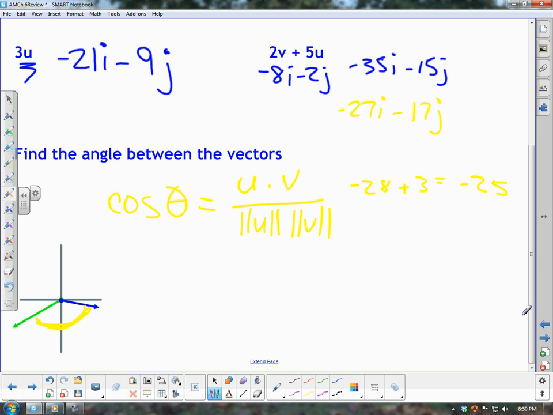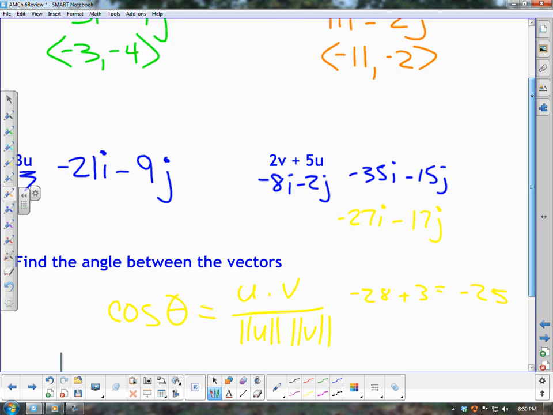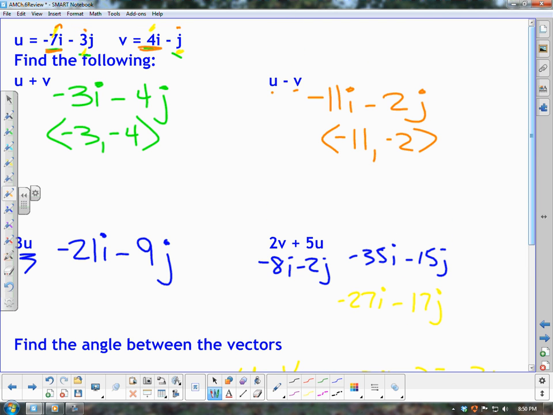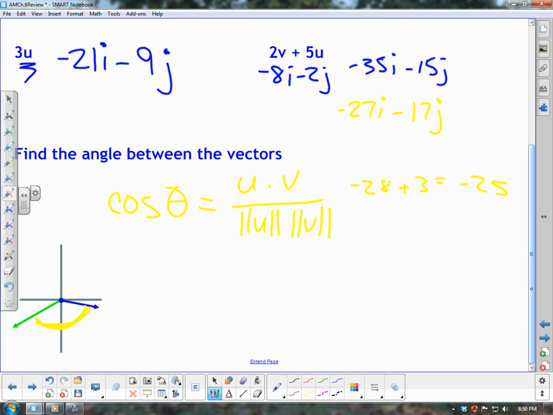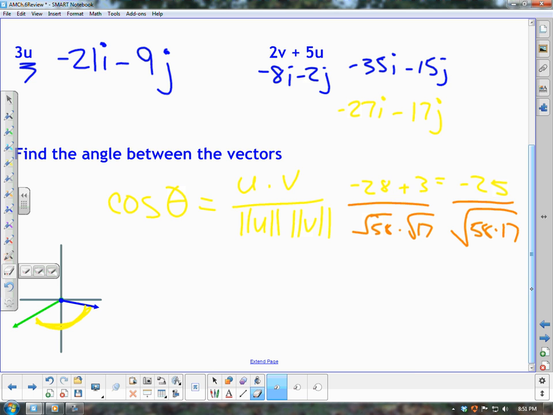The magnitude of u is that squared plus that squared and the square root, which is the square root of 58. And this squared plus that squared and the square root is the square root of 17. So we have the square root of 58 times the square root of 17, which is the square root of 986.